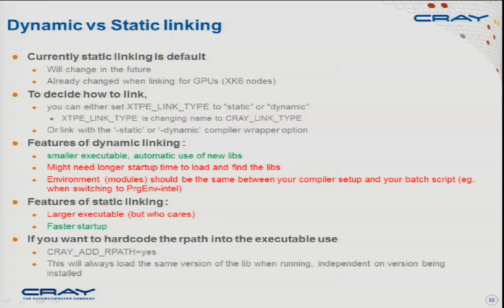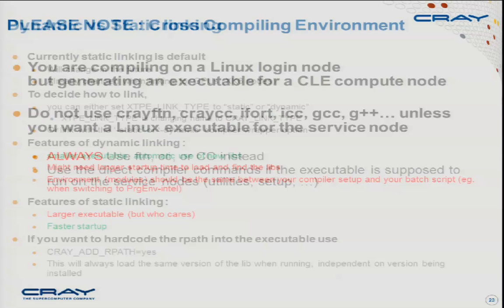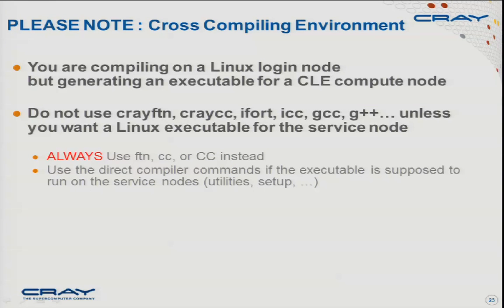And yes, as I said, you can specify these variables here if you want to change the kind of linking. All right. So once again, don't use the compiler command directly, but use the wrappers, okay, and load the correct environment. That's the main point, so that everything will be set for the given cluster, okay?